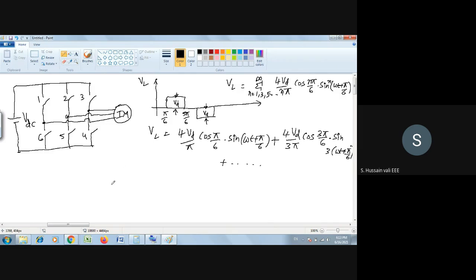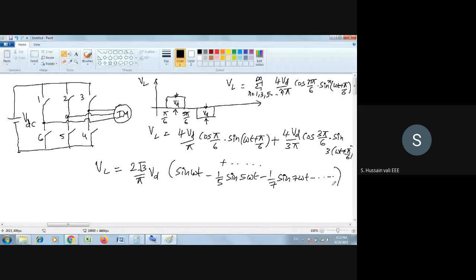Okay, so VL is equal to root 3 by 5 into VD sin omega t minus 1 by 5 sin 5 omega t minus 1 by 7 sin 7 omega t, and so on. Okay, so this you will get as the line to line voltage.